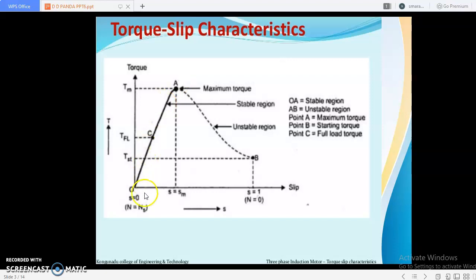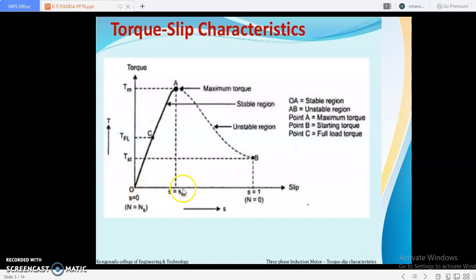Okay, so from S equal to 0 to S equal to Sm, we will find that the slip value is increasing and the induction motor is operating very smoothly at full load.